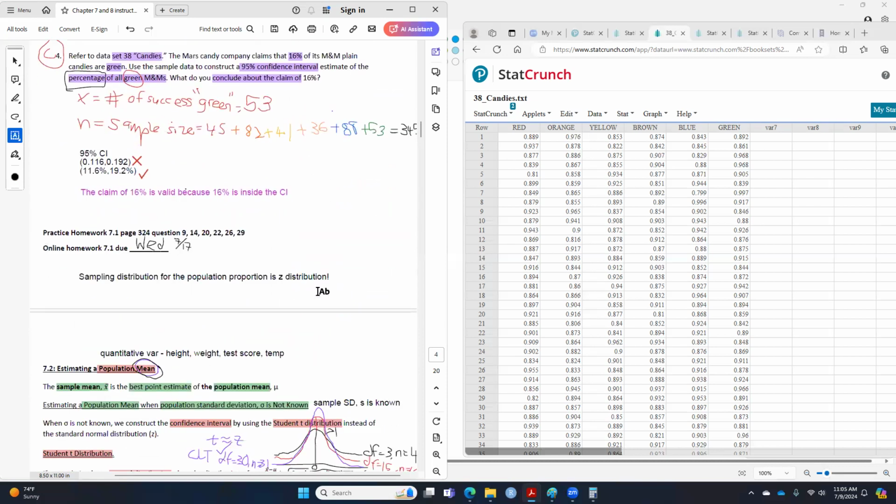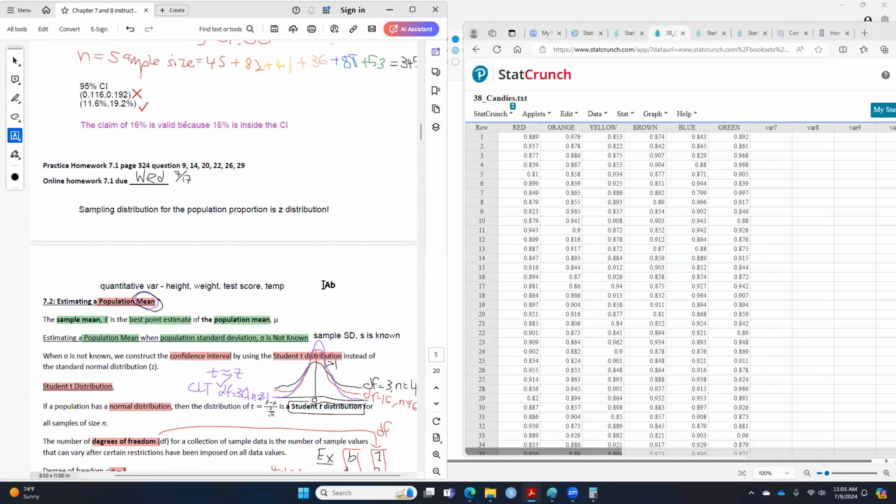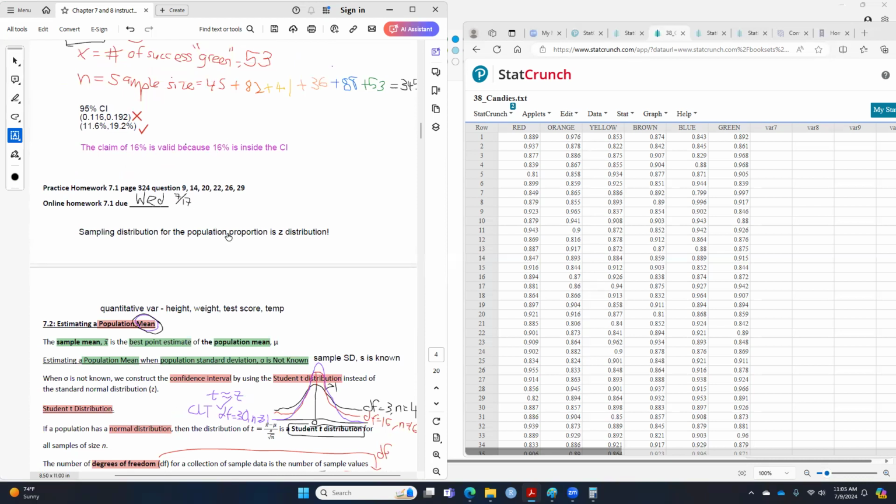When I say Z, it means your standard normal distribution, your Z score. So make sure you know that if a question in your test or homework asks what sampling distribution you use when you find the confidence interval for population proportion, we always use Z.